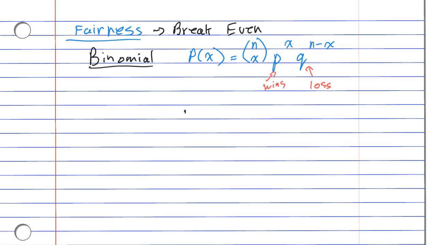So for fairness, for this type of experiment calculation, you have to take n, the number of times that you're playing, and multiply by its probability of winning. And if this equals the money that we put in, the game is fair.